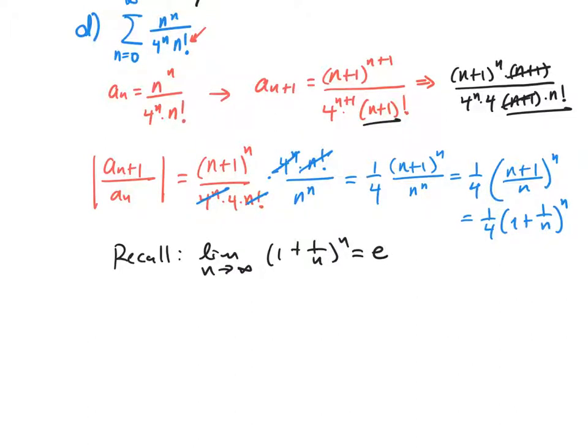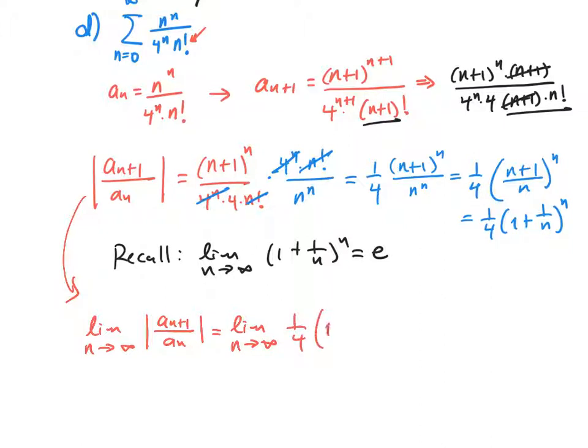So hence, in our case, the limit as n goes to infinity of the ratio is equal to the limit as n goes to infinity of 1/4 times (1 plus 1/n) to the n power, and remember this is 1/4 times e, which is less than 1, since e is around 2.7.